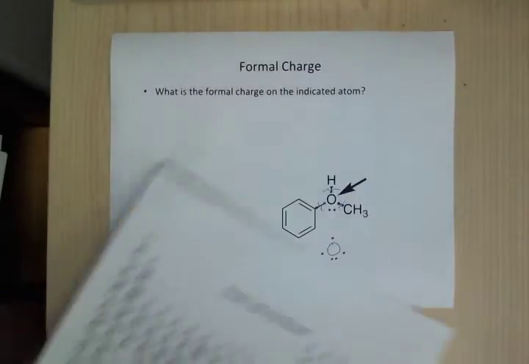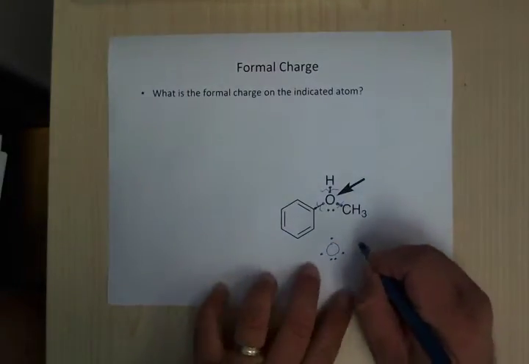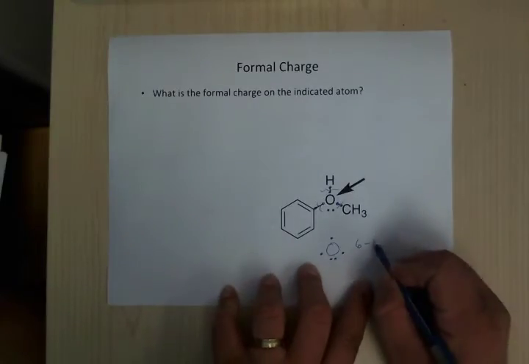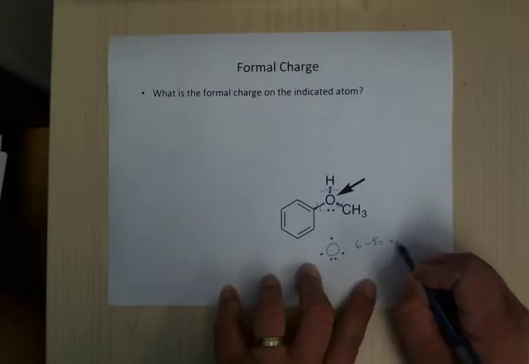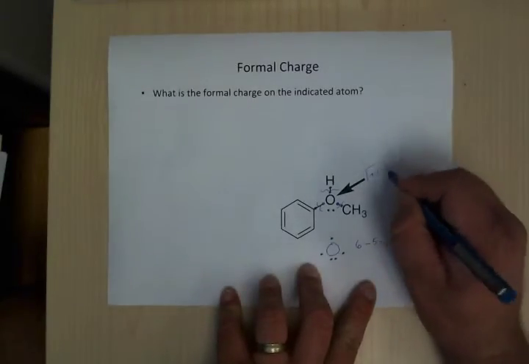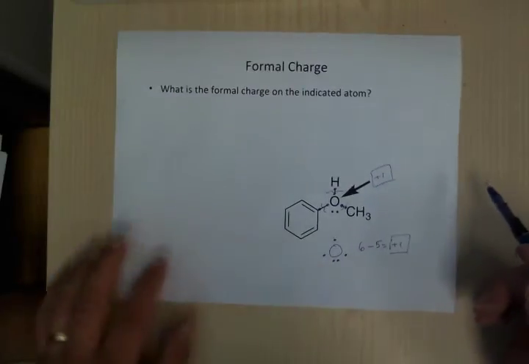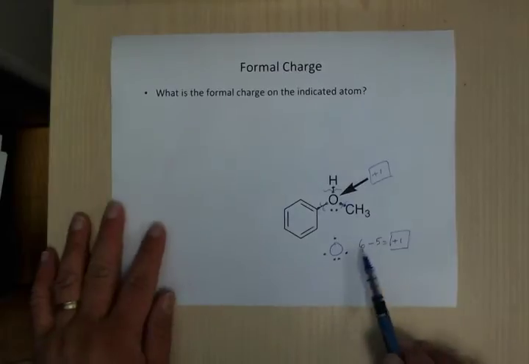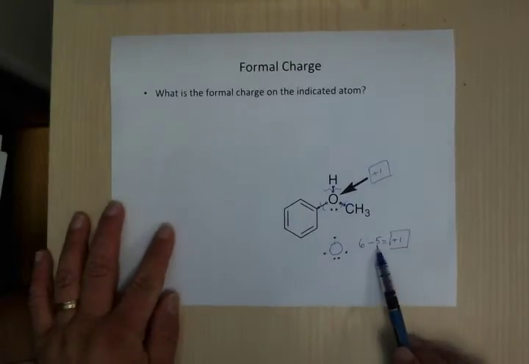On the periodic table, it starts off with 6, and then you subtract what it has now, which is 1, 2, 3, 4, 5, and so the formal charge is +1. There you go. I would write it next to the arrow, please, so I know which one you're talking about. So it's always what it says on the periodic table minus how many electrons it has now.